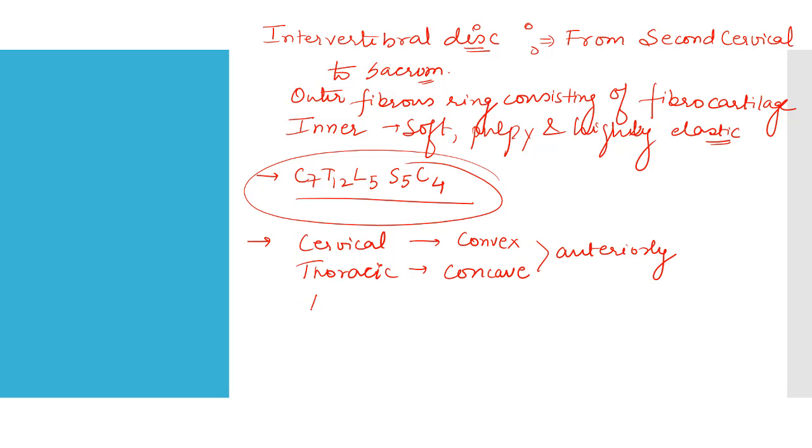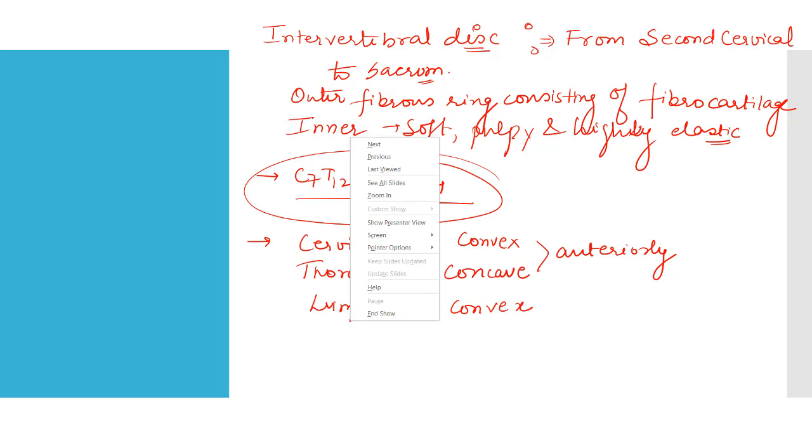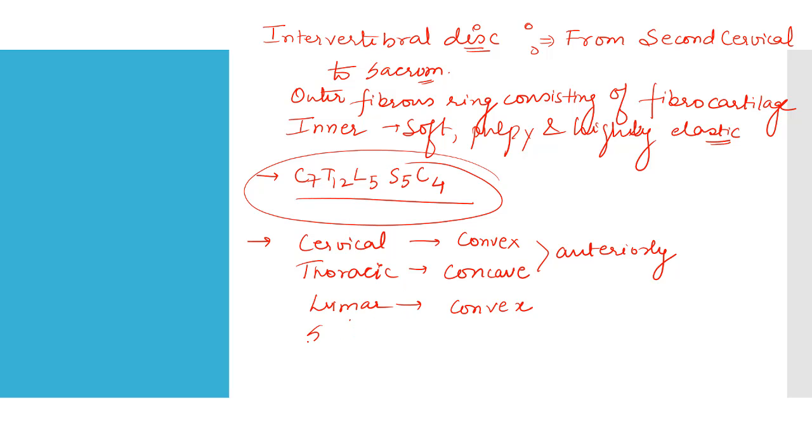Lumbar curvature in the abdominal region, convex, it is also anteriorly. Sacral curvature, it is concave. Okay, so these are the different curvatures.